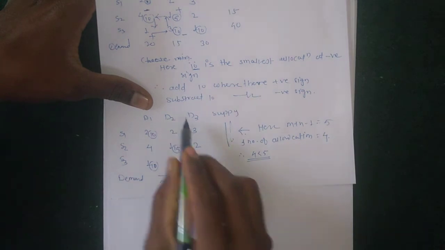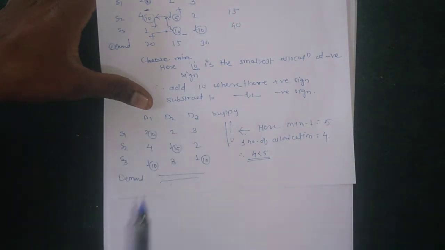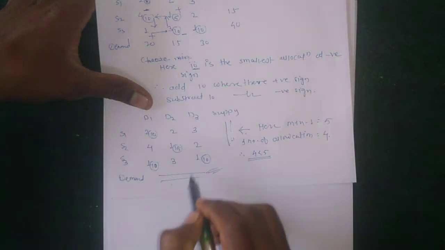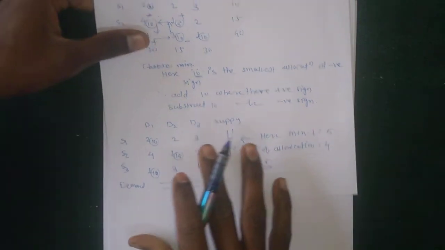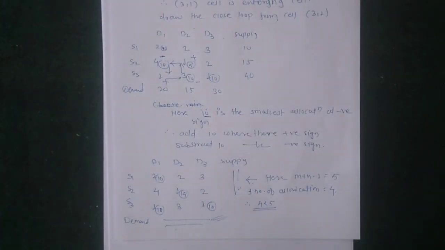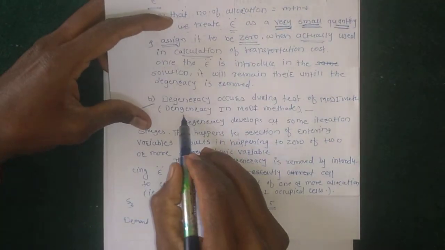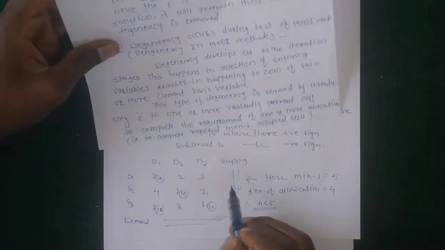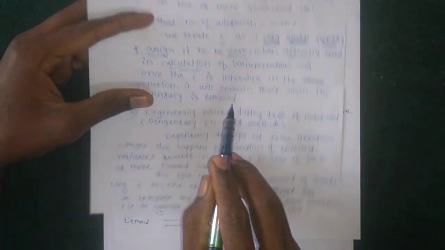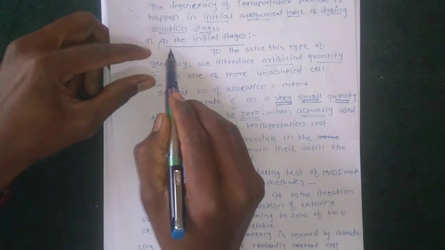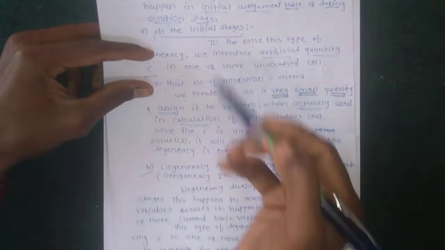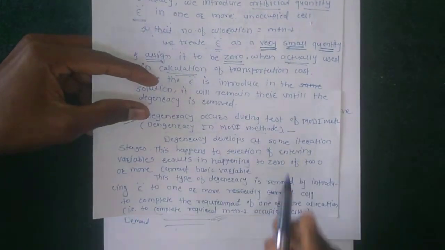This problem is a degenerate problem, that is, a degeneracy in the Modi method. One type of degeneracy is seen at the initial stage, but this problem is degeneracy in the Modi method.